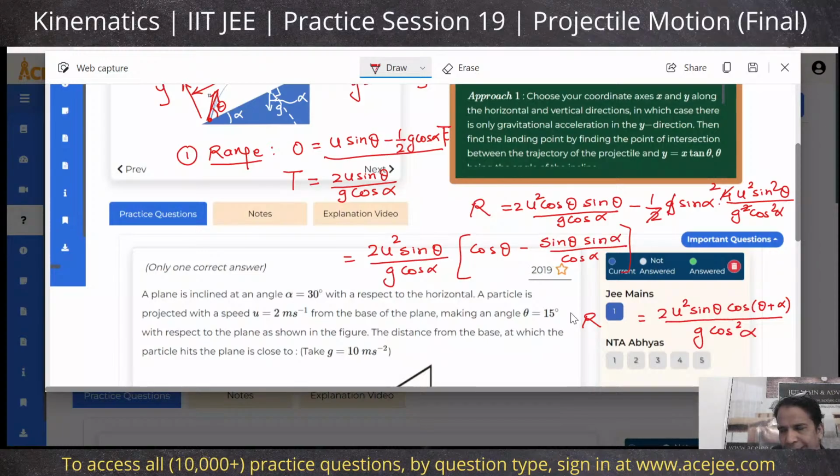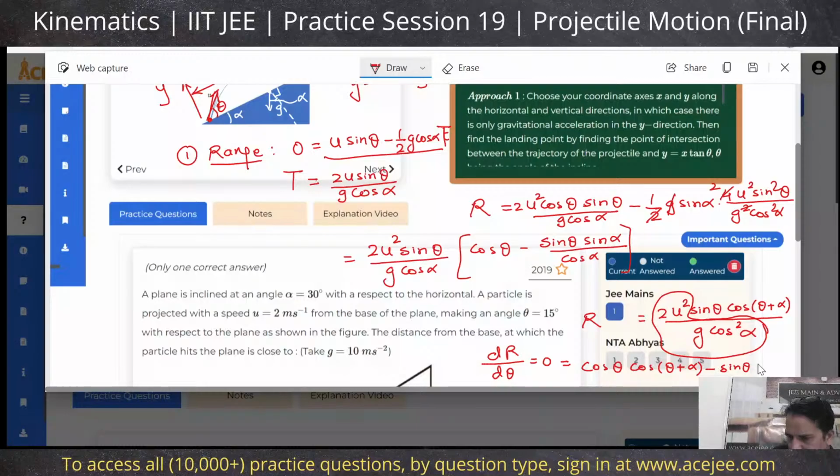Now, if you want to find the angle theta for which the range is maximum, we say dR by d theta should be 0. I'm going to treat the constants as constants and not even write them. I'm straight away going to write the derivative: cos theta cos of theta plus alpha minus sine theta sine of theta plus alpha, and this is 0.